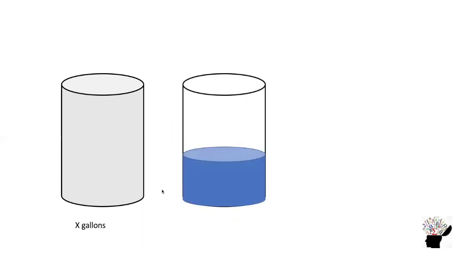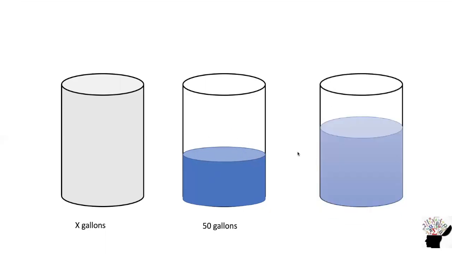So from here, as I said, X can represent the gallons of distilled water, and we can also represent the 50 gallons of solution by this. Then from there, the total amount, that is the distilled water and the alcohol solution, we can represent by this beaker.